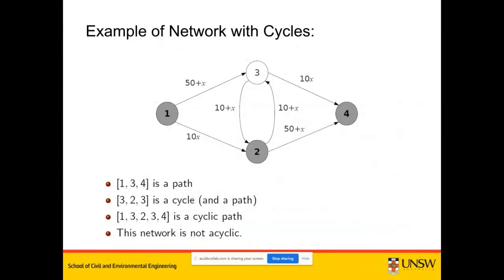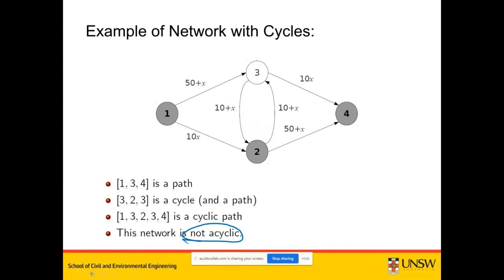So anyways, let's have a look at this example. Again, this is the same thing as I covered before. So this is a cyclic network because we have a cycle here. There's actually another cycle here as well.